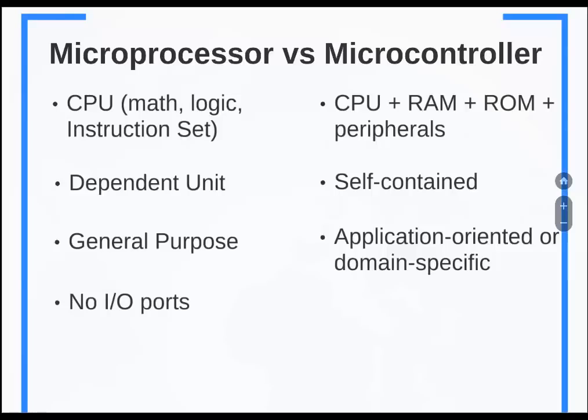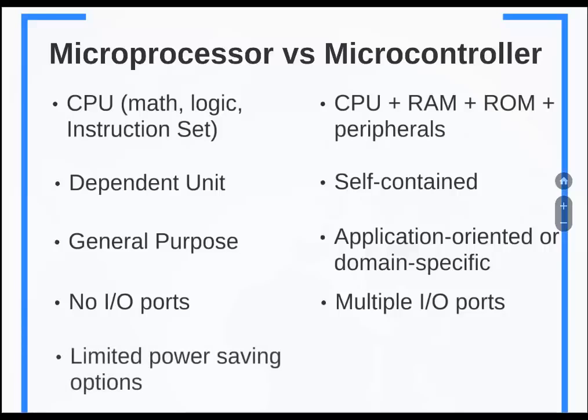The microprocessor will not have any IO ports, and to deal with any input and output devices, you will need different interfacing logics to put them together. Whereas it is rare to see a microcontroller with no IO ports; you will always find that a microcontroller has multiple IO ports.